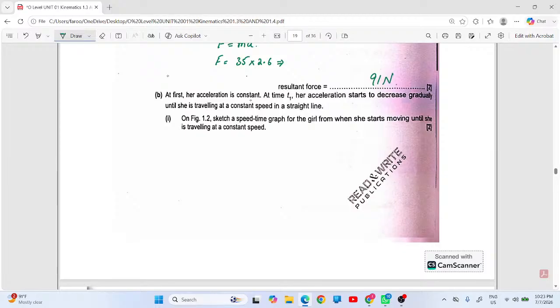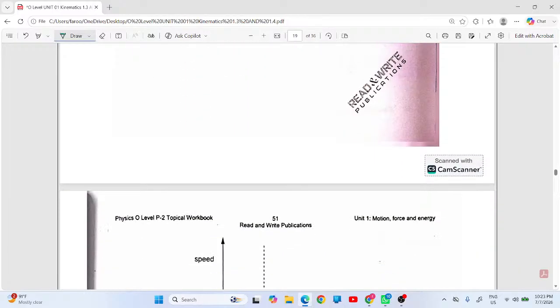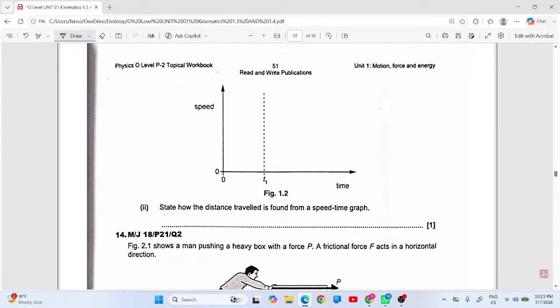At first, her acceleration is constant at time t1. Her acceleration starts to decrease gradually until she is traveling at a constant speed in a straight line. On figure 1.2, sketch a speed-time graph for the girl from when she starts moving until she is traveling with a constant speed.